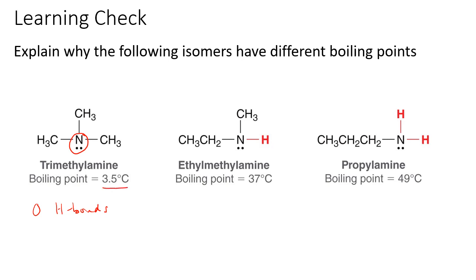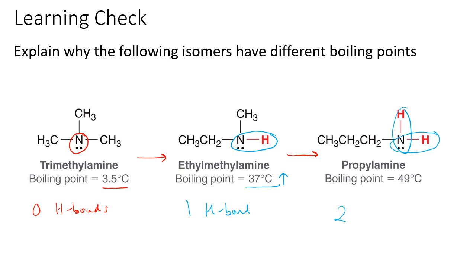And then moving over, we have ethylmethylamine. And here we have 1 hydrogen bond. Our nitrogen is directly bonded to 1 hydrogen. And our boiling point increased to 37 degrees Celsius, so it went up as we added a hydrogen bond. And then moving on to propylamine. In propylamine, we have 1 hydrogen bond here and another right here.